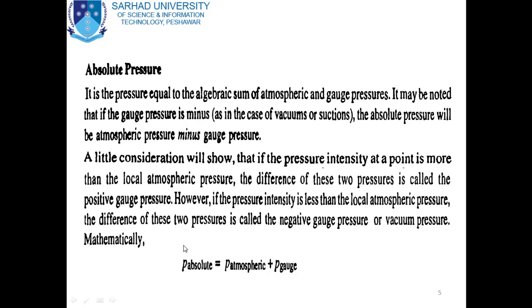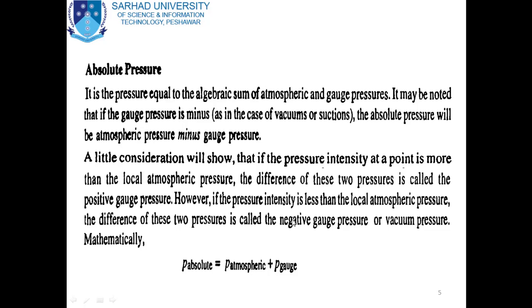So mathematically, P absolute, which is absolute pressure, is equal to P atmospheric, which is atmospheric pressure, plus P gauge, which is gauge pressure. So absolute pressure is equal to atmospheric pressure plus gauge pressure.